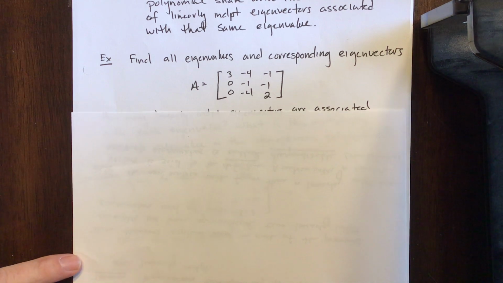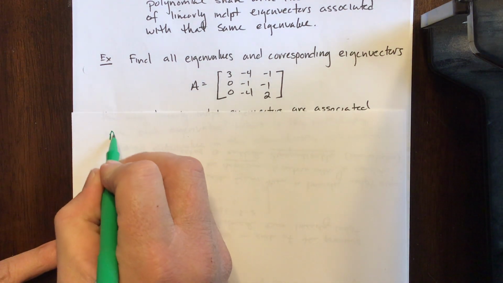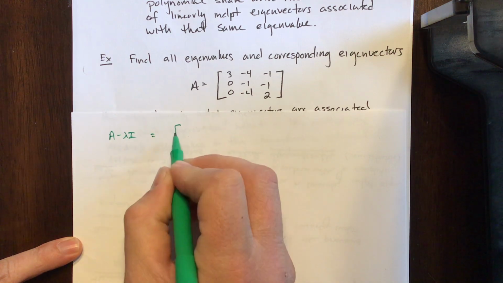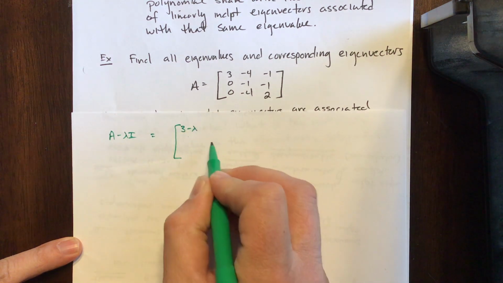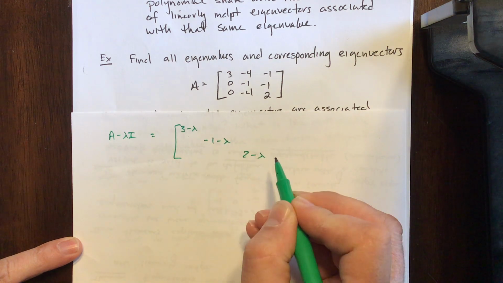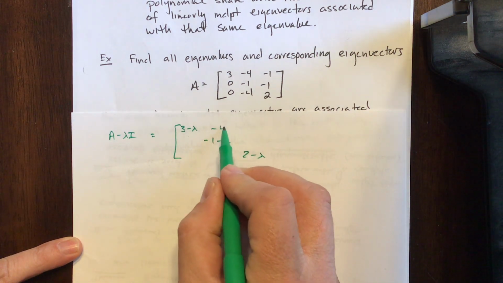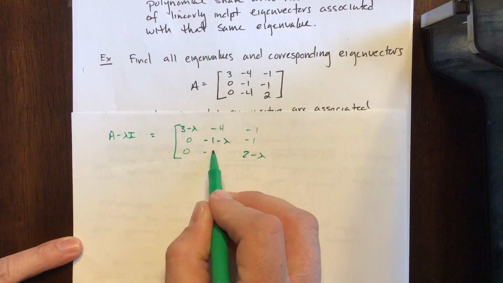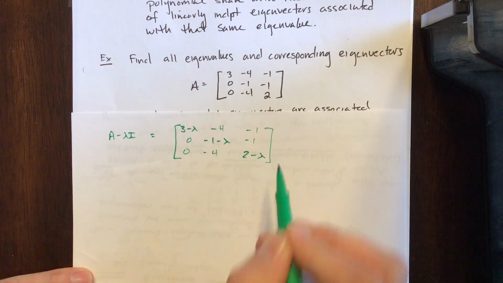Okay, so first off, we need to look at the matrix A minus lambda I. So it's 3 minus lambda, minus 1 minus lambda, and 2 minus lambda along the diagonal, nothing else changes on the off diagonal.